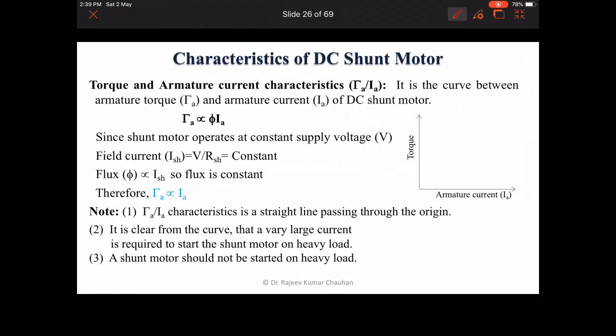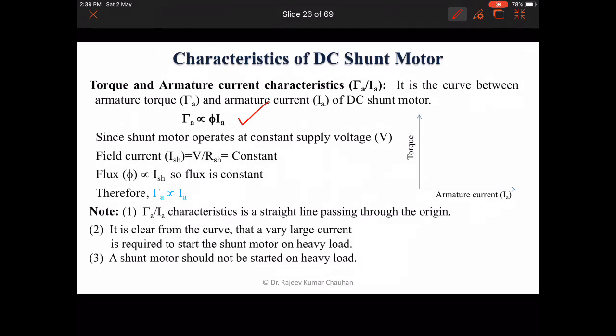So first let's discuss the torque and armature current characteristics of the DC shunt motor. It is the curve between armature torque and armature current IA of the DC shunt motor. We know from the torque equation that tau A is proportional to phi IA.